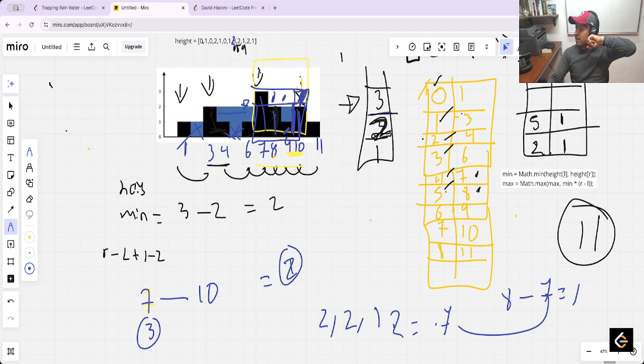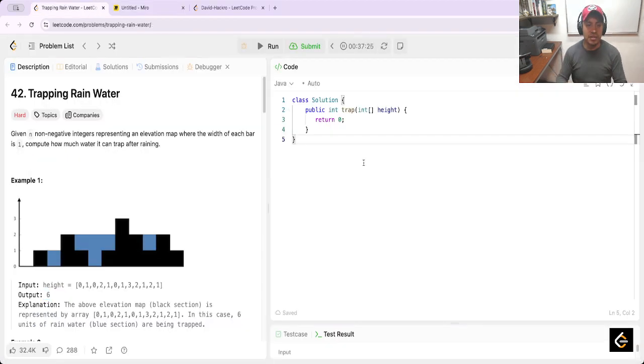Makes sense? I'm not sure if I explained clearly, but well, let me try to codify. I'll try to do this code. Okay, I need a stack. This stack is integer.